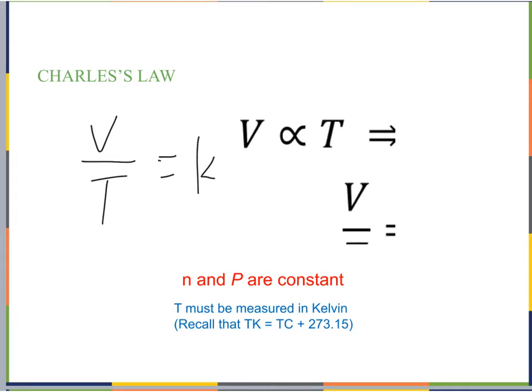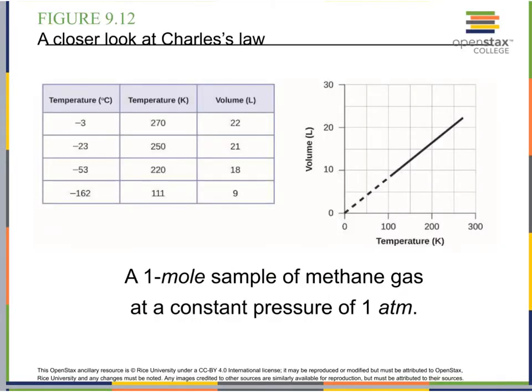Again, the amount and pressure have to be constant. If we look at a sample and we change the volume and look at how the temperature varies, we get a straight line. That's because of the direct proportionality.